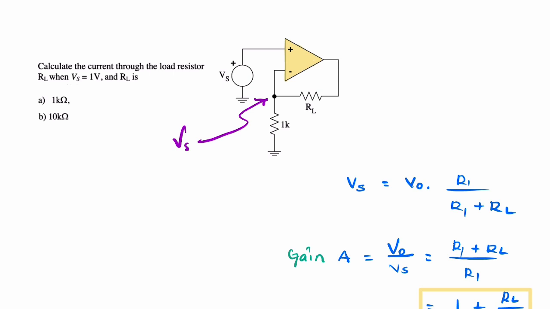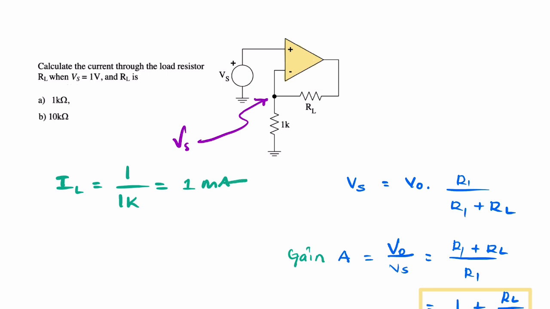So you can simply say IL equals Vs divided by R1. So in this case, you're dividing by 1K. And Vs in this question is 1. So it's simply 1 milliamp.